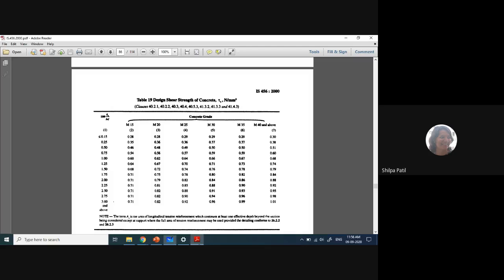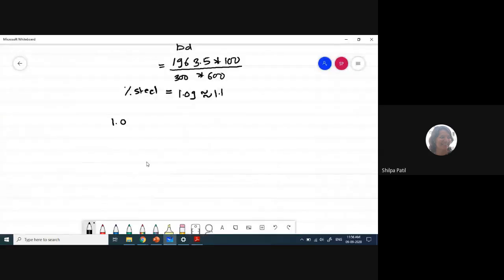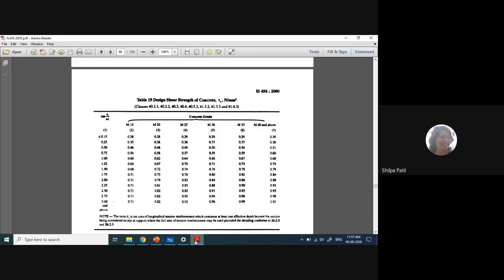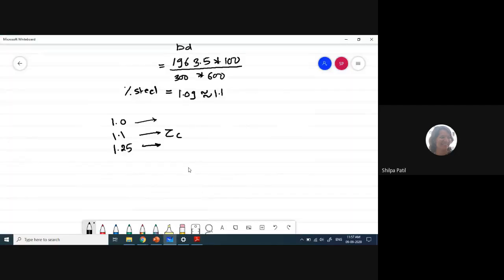For 1 and 1.25 for M25 grade, the values are 0.64 and 0.70. So your tau c value should be between these two values.